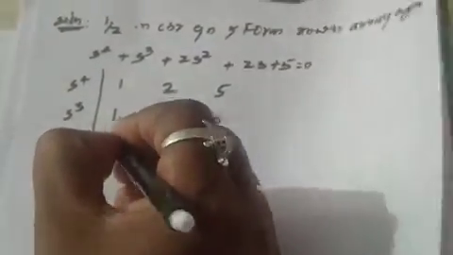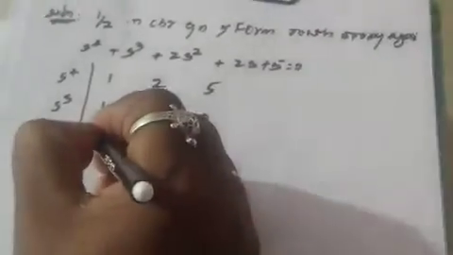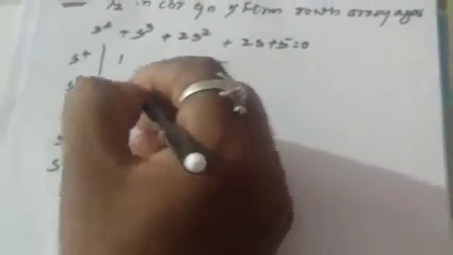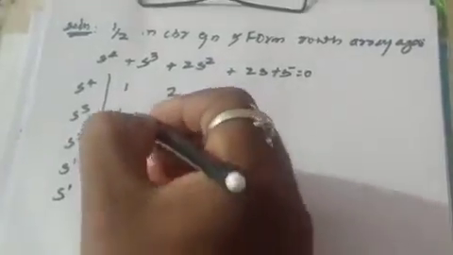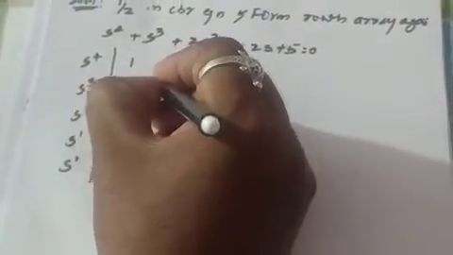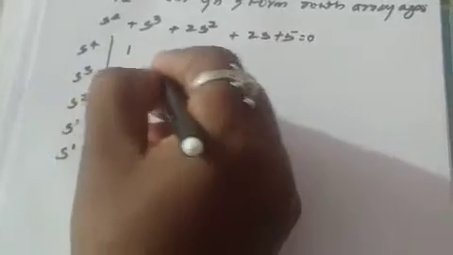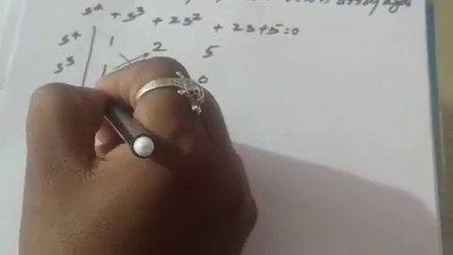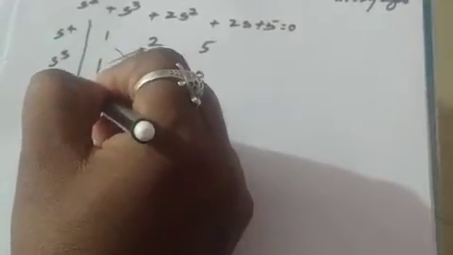First you have to find out if this is the case where the first element of any row is 0. Now I will calculate this coefficient. It is 2 minus 2, which is 0, and 0 divided by 1 is 0.